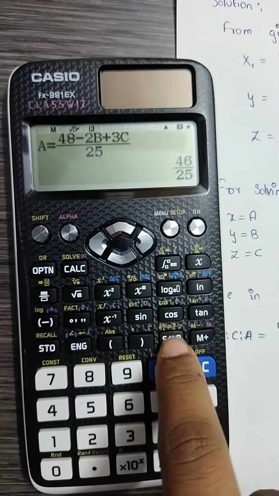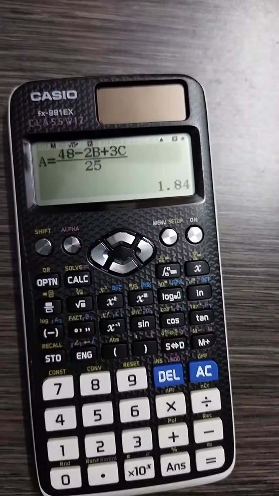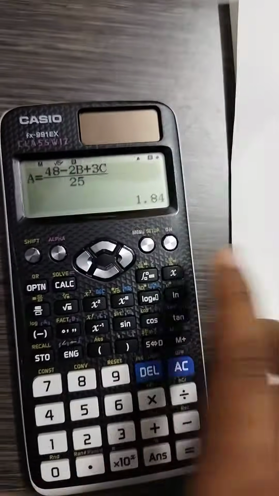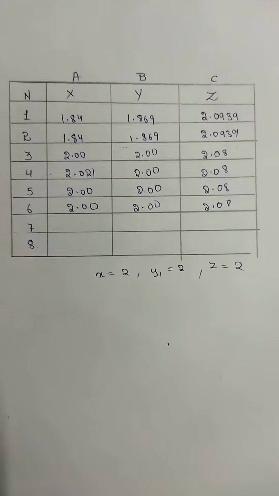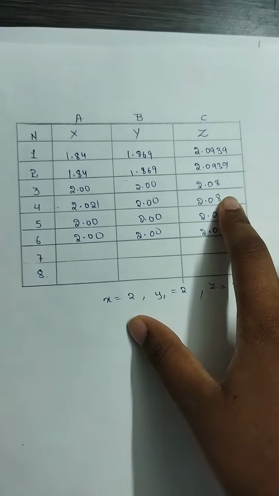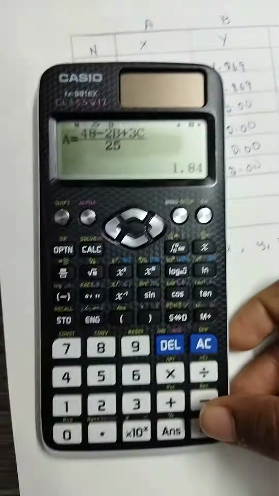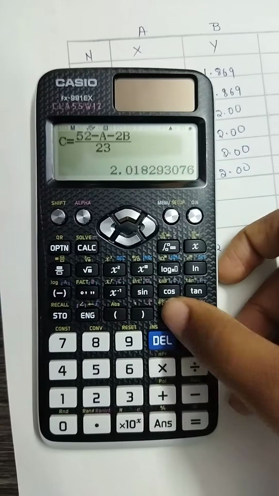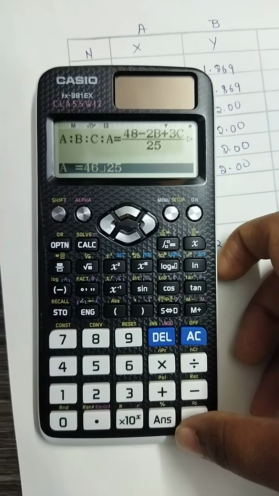Now just press this so that you get it in decimal. So now you get it in decimal, right? Just note down a table like this so that it will be very easy to write all the problems like this. After pressing this, press equals to, again the same, equals to, same, equals to.